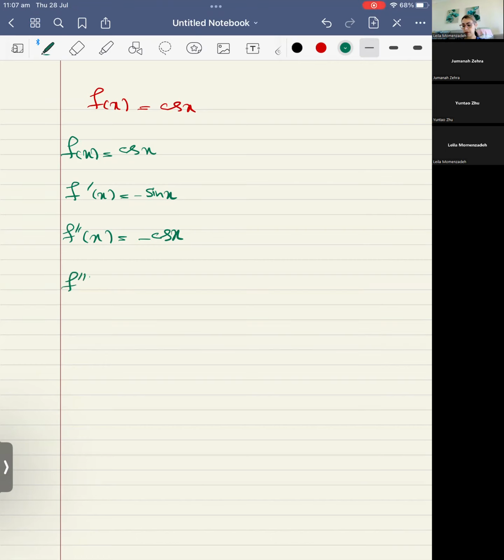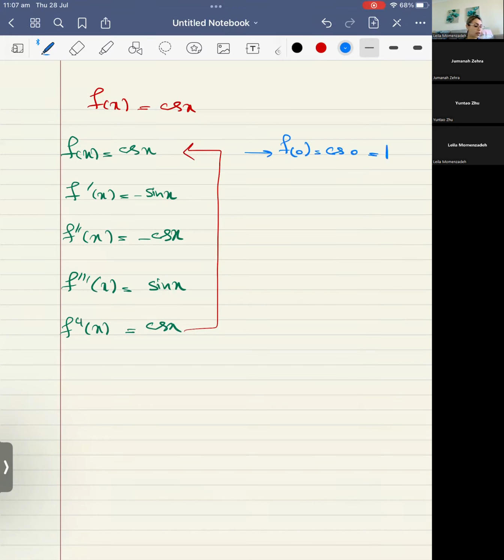F triple prime x is equal sine x. F4 x is equal cosine x, and look at here again, same like this one, looks repeated. Now f0 is equal cosine 0 is equal 1.